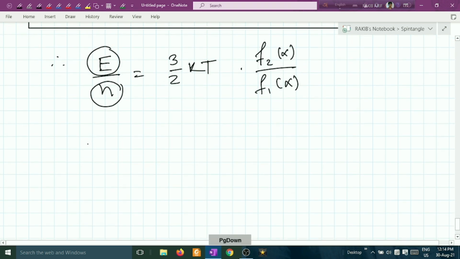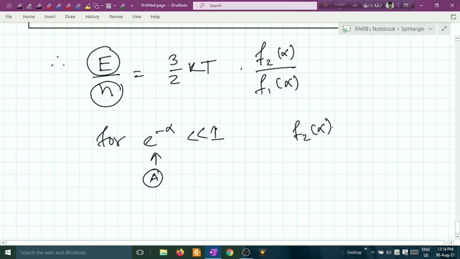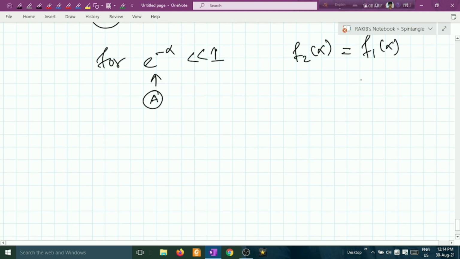For e to the power minus alpha very less than 1, this is our a, very less than 1, f2 alpha becomes equal to f1 alpha, and they will both be equal to a.